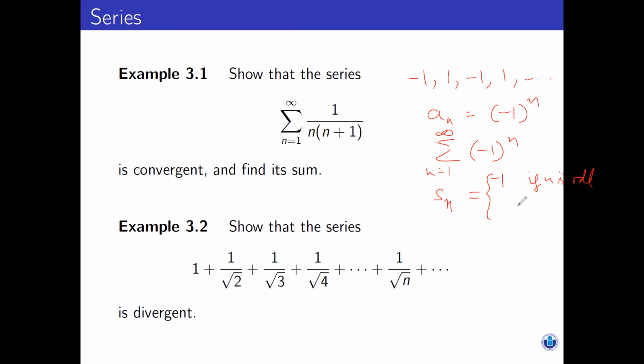Whereas if n is even, then you have an equal number of -1 and 1. For example, if you take the sum of just 4 terms, you get 0. So the sequence of Sn is -1, 0, -1, 0. And certainly we've seen earlier that this cannot have a limit, because the limit of the odd subsequence and the even subsequence are different.